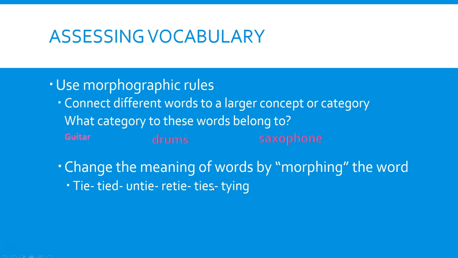If we add the plural s, that also changes the meaning. And if we add an ing to the word, it changes the meaning. So by morphing the word in these different ways, students can see how these different prefixes and suffixes not only have individual meanings, but also change the meaning of certain words.